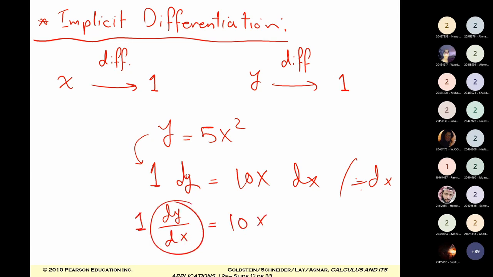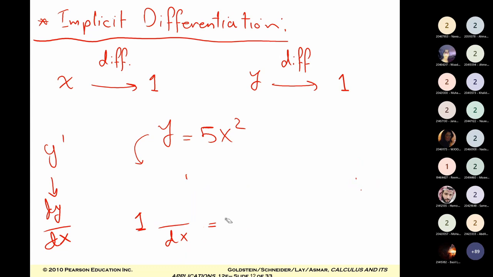This is equal to what? y prime. This is the same as dy over dx. Okay? So if we find the derivative of y, we must multiply by y prime. In short, all the rules we applied on x we apply on y, but if we differentiate y we must multiply it by y prime. Okay.